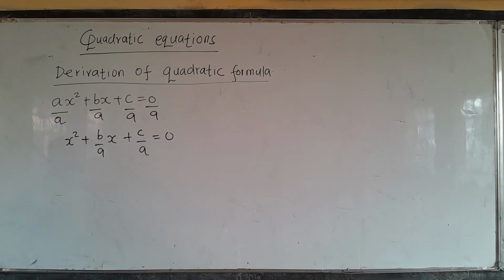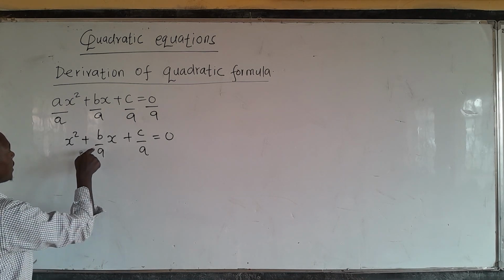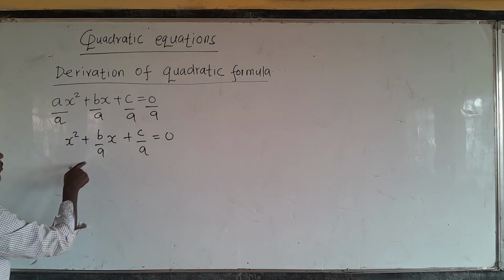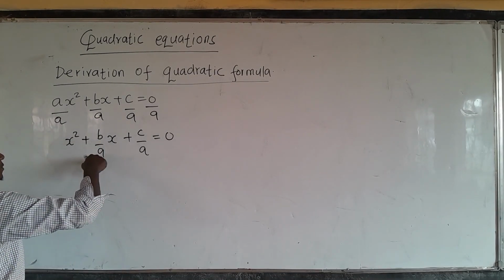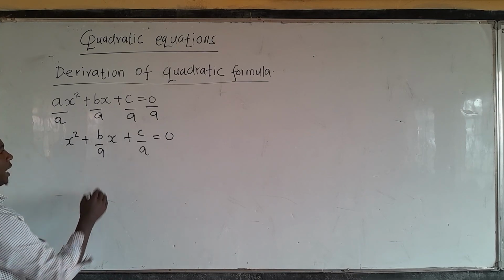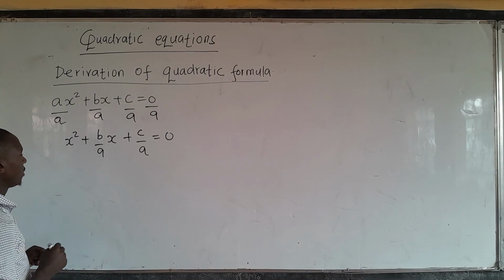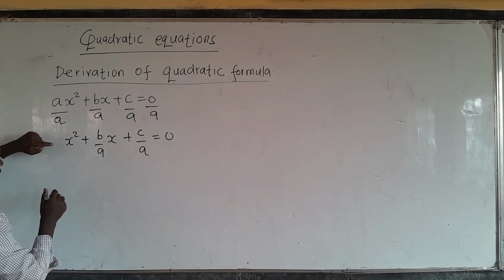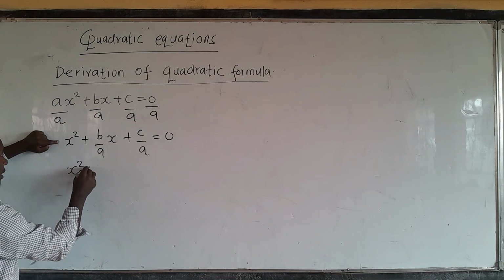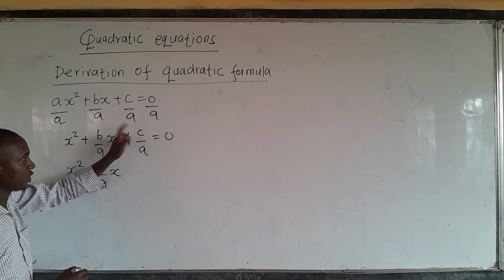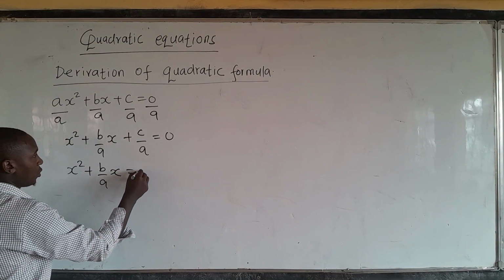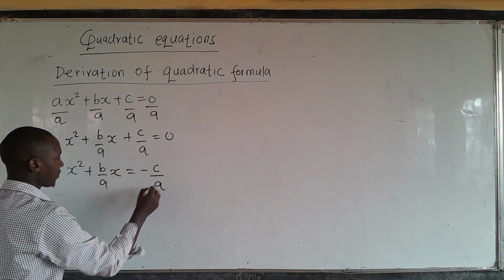Alright, so the next thing we want to do is apply this concept: we take b, divide it by 2, and add it on both sides. So this is what we are going to have. x squared plus b over a x, and we take the constant to the other side, equals negative c over a.